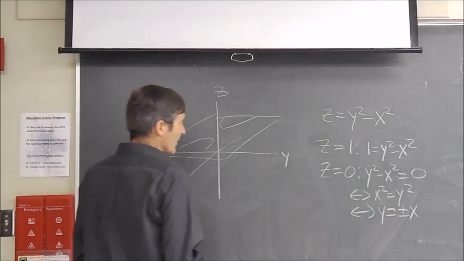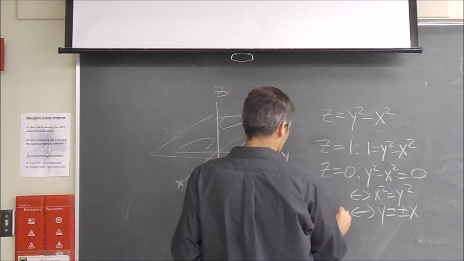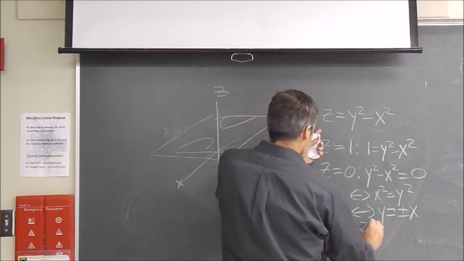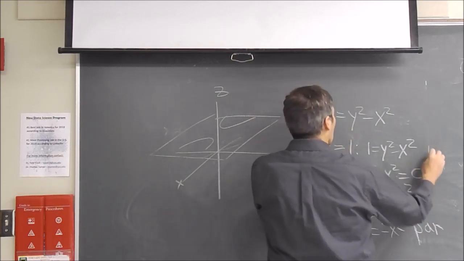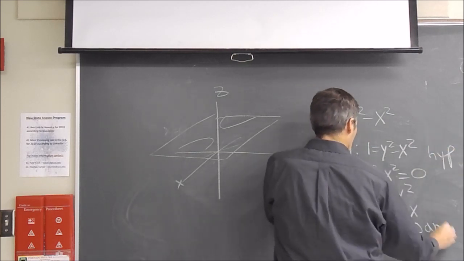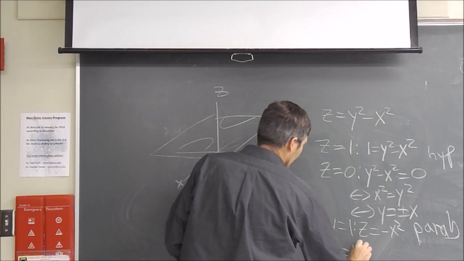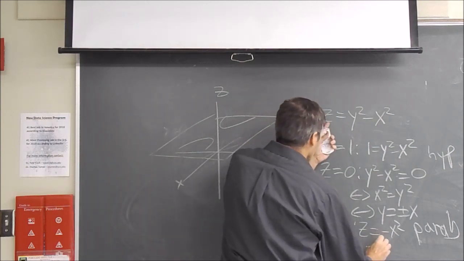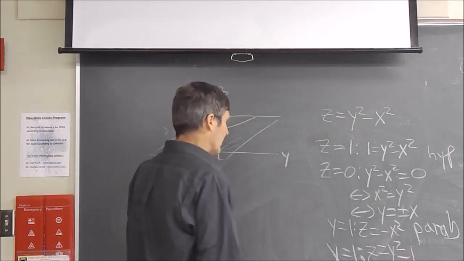And if you take traces in the other directions, for instance, if I put in this equation y equals 1 and take that trace, I get z equals minus x squared, a parabola. And if I put the, let's say, x equals 1 trace, or x equals some other number, I'll get z equals y squared minus a number, which is a parabola upward.